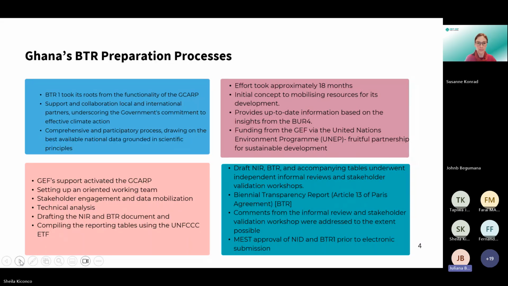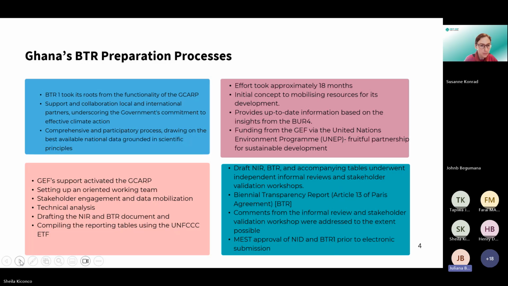In preparing the BTR, it actually took us to really activate the functionality of the GCAP, which is Ghana's Climate Ambitious Reporting Program. This dates back to 2013 when the system was developed. It looks at institutions and their roles, the legal basis for development of the reports that we have to submit to the UNFCCC. It looks at data, methods, and IT. That is the third pillar. Then the very last pillar looks at skills and then the scope.